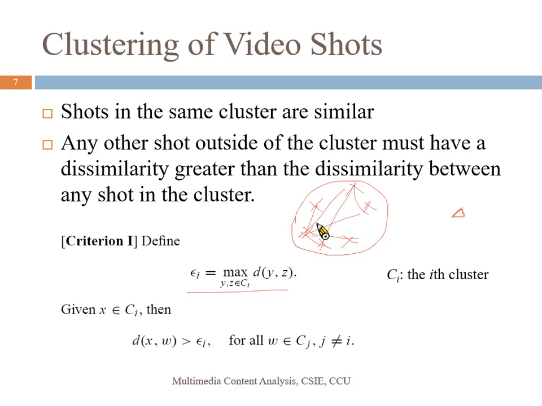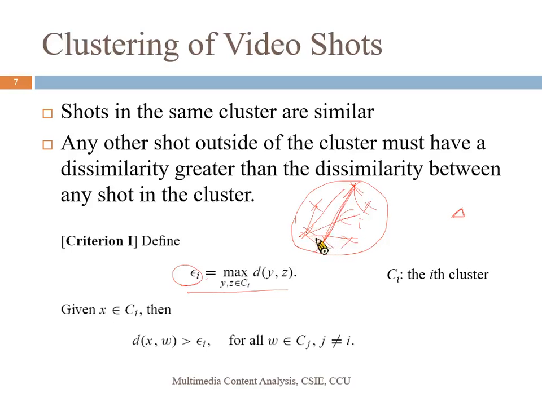And we can pick one pair of them that causes the largest distance. That would be maybe this one and this one. The distance between the pair of video shots that causes the largest distance is called epsilon I. So here the epsilon I is this.